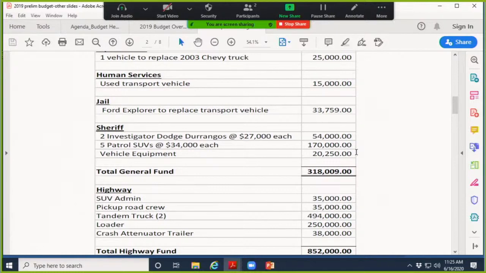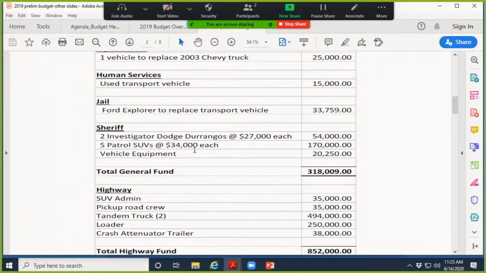Kim? I'm sorry, I was looking at that other cash applied analysis, but we can add it. Are you suggesting a used vehicle or a new vehicle? The sheriff's office is budgeting $34,000 for an SUV.